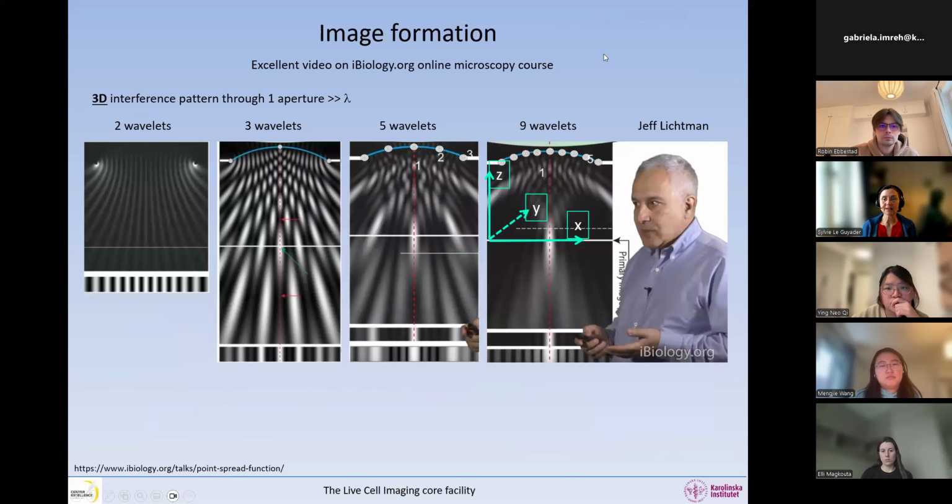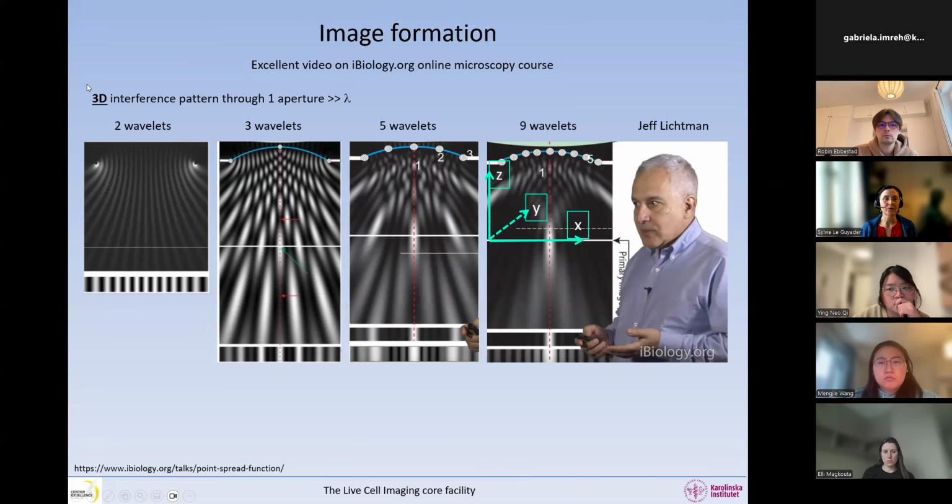There's a great video that you can watch on iBiology.org, and here I have the link, because iBiology has a lot of different courses and videos, but this is the one I'm talking about, point spread function, where Jeff Lichtman, with a fantastic name for working with microscopy, describes in a very, very nice way how the interference pattern is formed due to these wavelets that were described by Huygens.